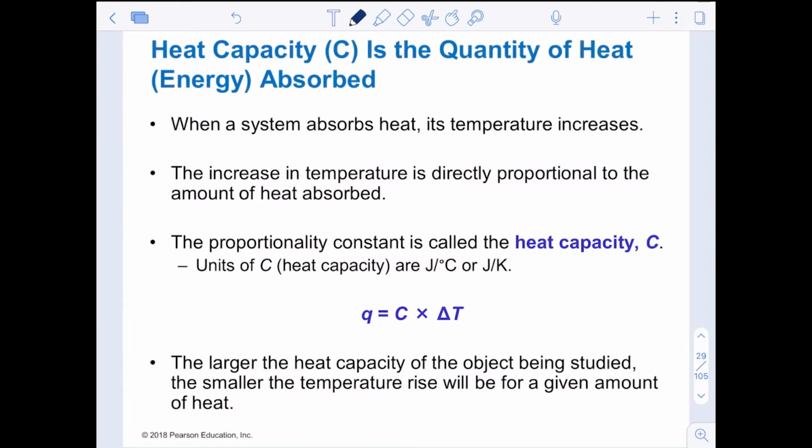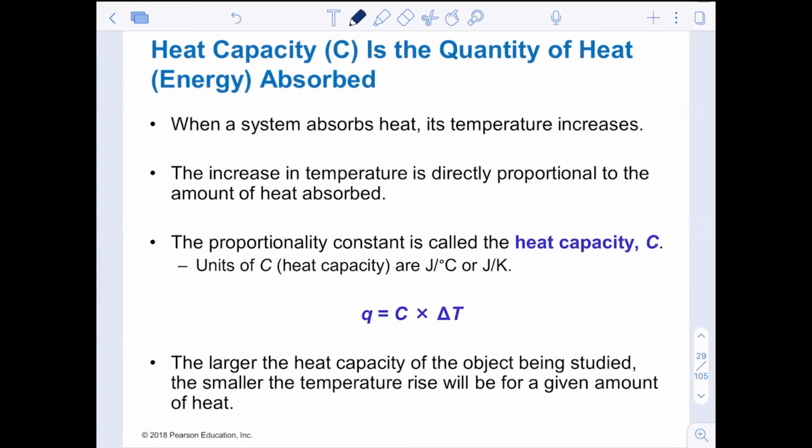Capital C is how we abbreviate heat capacity, and it is the quantity of heat absorbed when a temperature increases. And every single bit of matter, every different piece of an object or every different molecule, has a unique heat capacity.